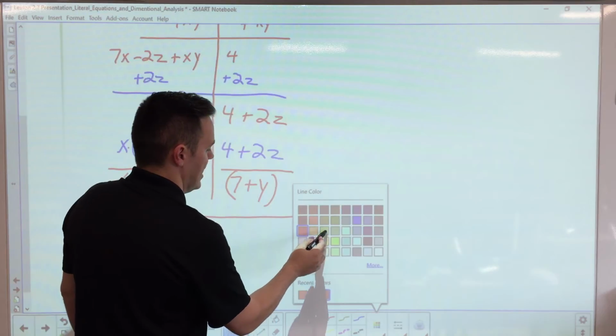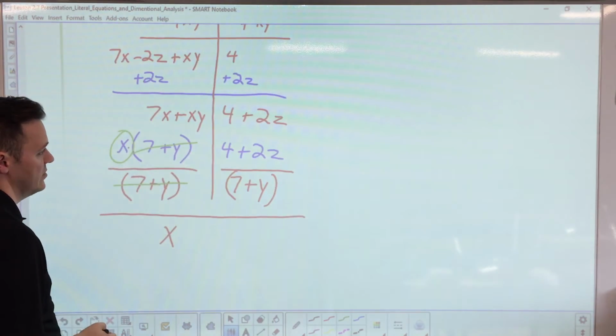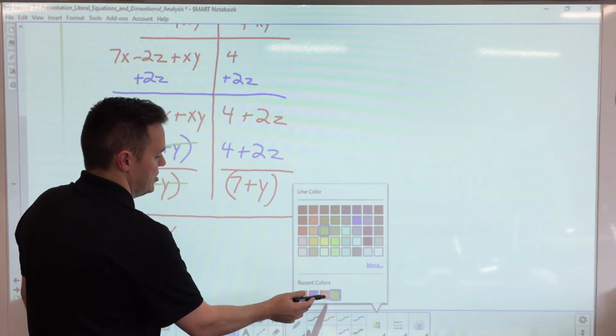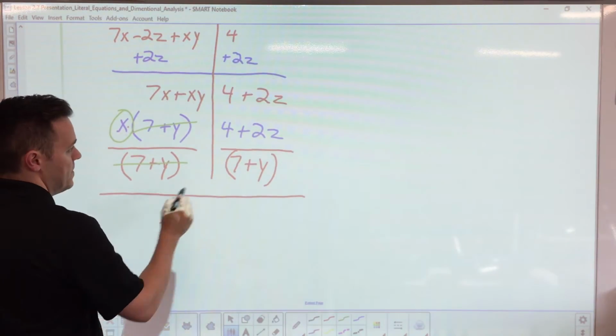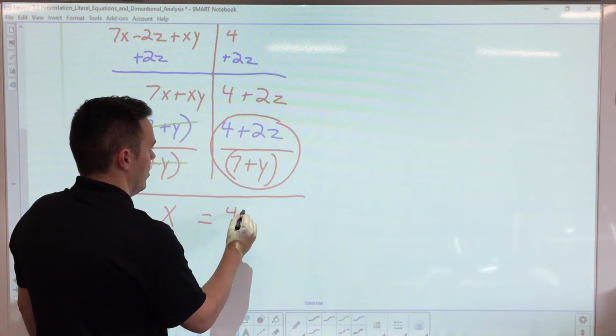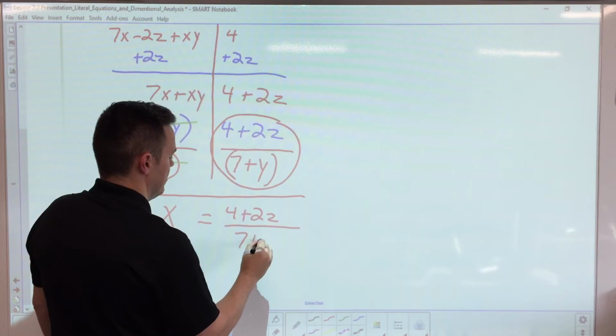Because you would cancel this out, and you only have one x left. And then on this side, ladies and gentlemen, take a wild guess what you do. You do really nothing, okay? This is your final answer down here, so x equals 4 plus 2z all over 7 plus y.